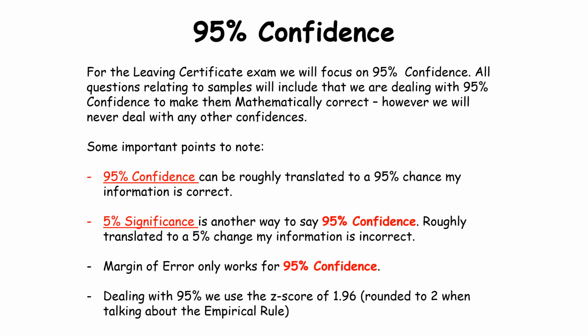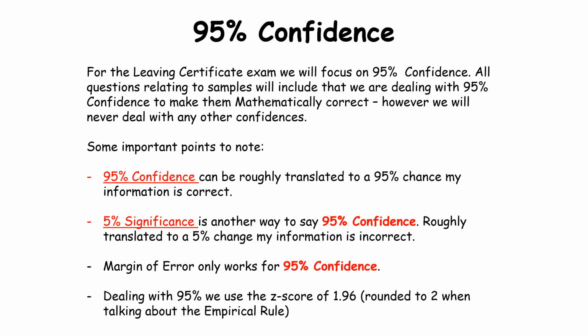Now, these are not the mathematical definitions of 95% confidence. This is just a way to help you to grasp what's going on. When we talk about 95% confidence, this can be very roughly translated as a 95% chance my information is correct. So, 95% chance I'm correct. We then will see 5% significance.